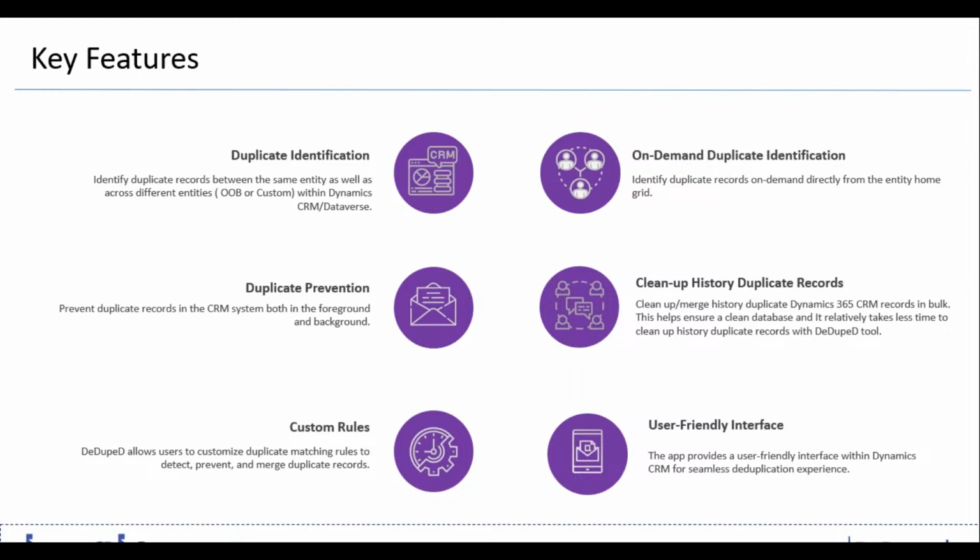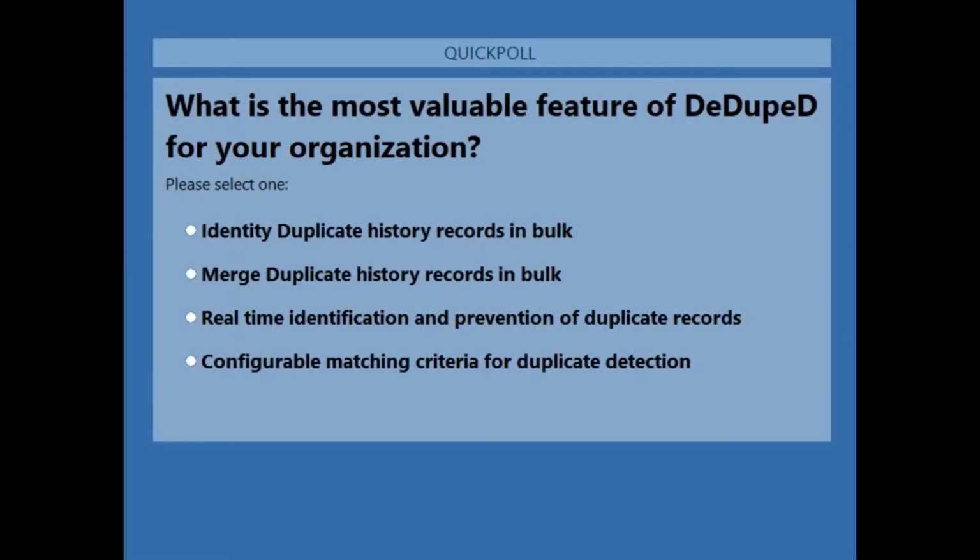I will quickly run another poll to understand which feature you like the most in DeDupeD. I request you all to kindly cast your votes. There are different options, and there might be different features you liked, like the functionality to identify duplicate historical records in bulk, or to clean them by merging them.